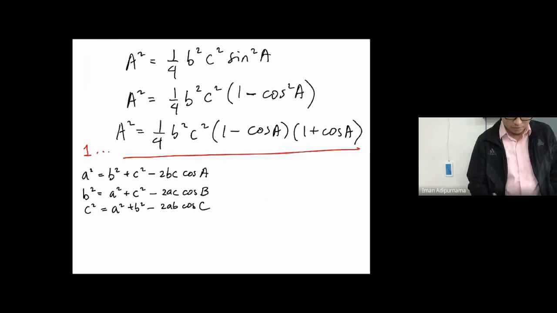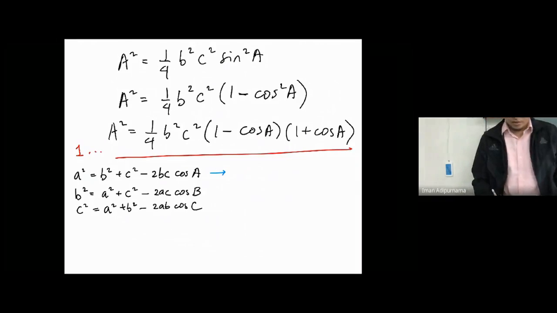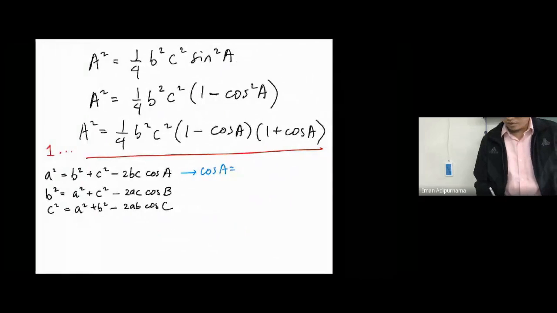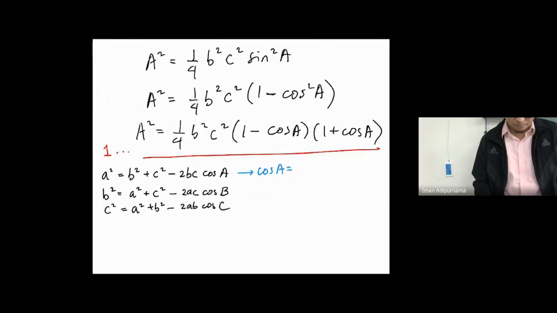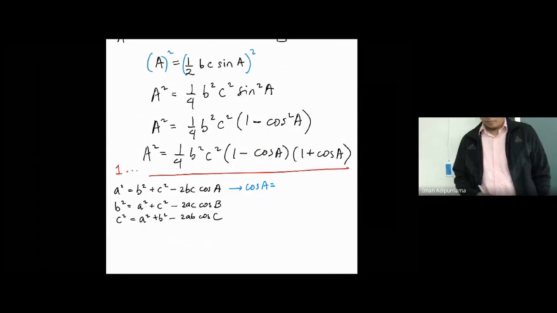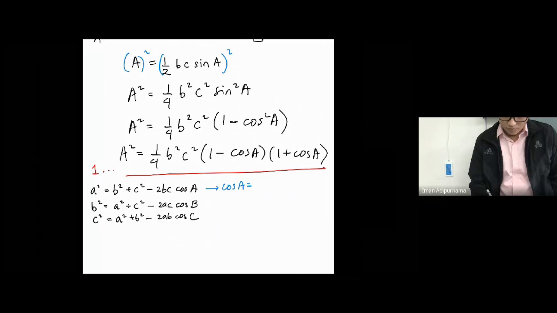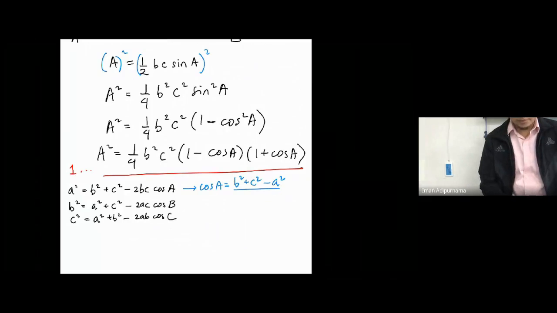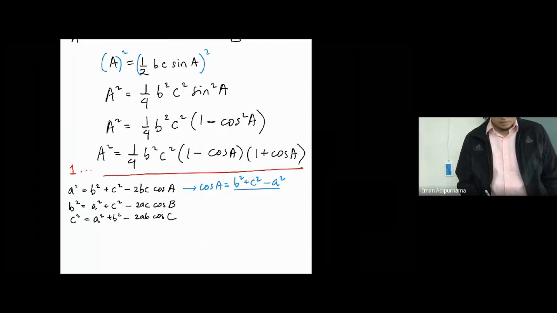So let me write in blue: cos A will be b squared plus c squared minus a squared over 2bc.